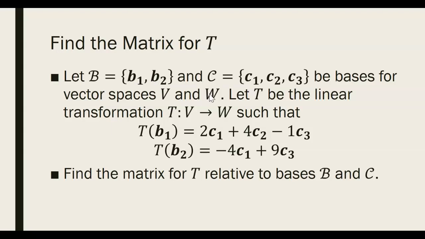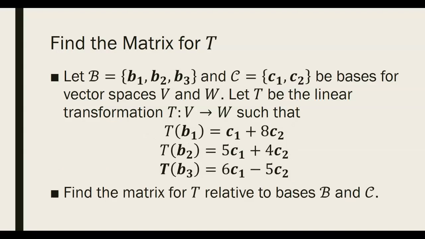And W was a three-dimensional vector space. So we must have had different V's and different W's here because V now is three-dimensional, W is two-dimensional.